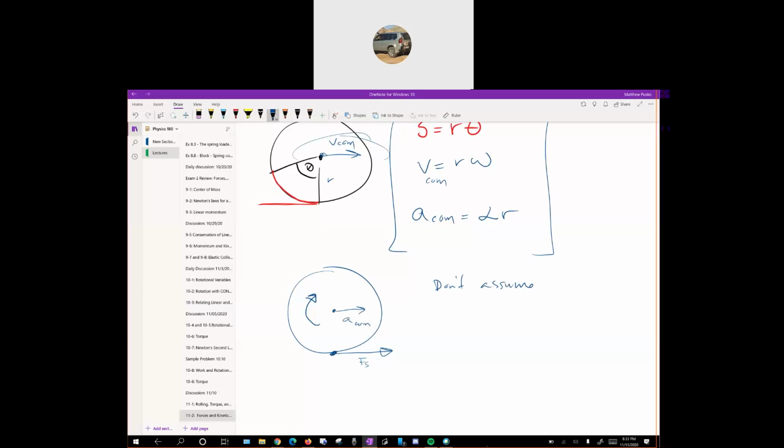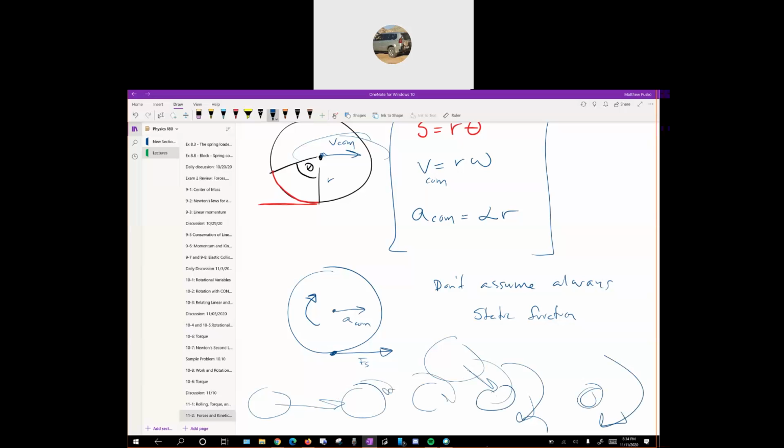Don't assume it's always static friction. So you could have kinetic friction. It could actually translate for a little bit before it starts rolling, right? You've seen a pool ball do that. It'll move without spinning, and then the friction acting on the ball, slowing it down, is what causes it to start spinning faster and faster.